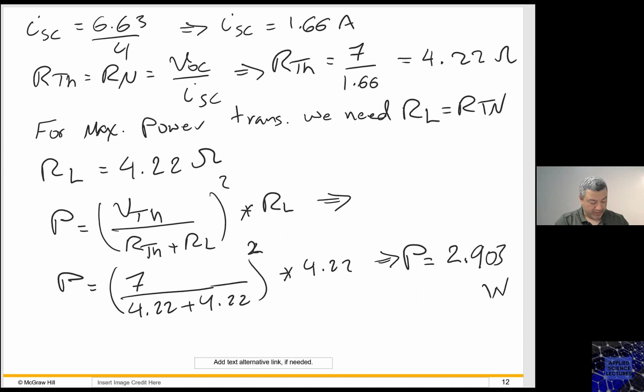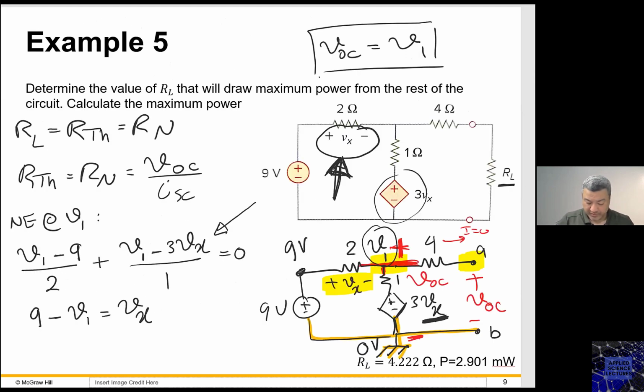7 divided by 8.44, 0.8 ampere squared times 4.22 is 2.9 watt. So it is not milliwatt here.